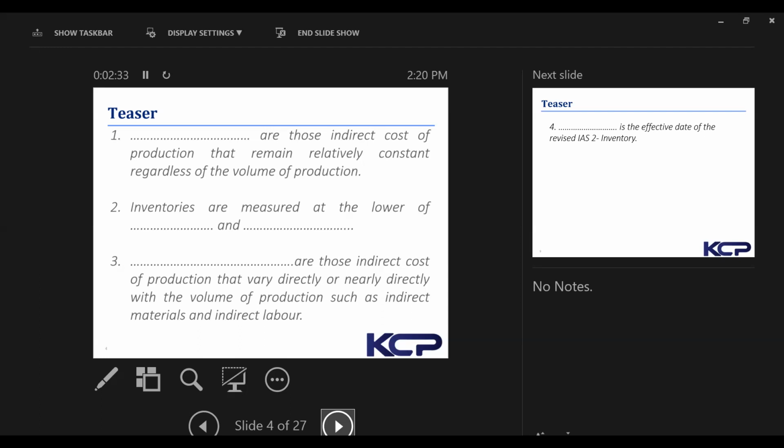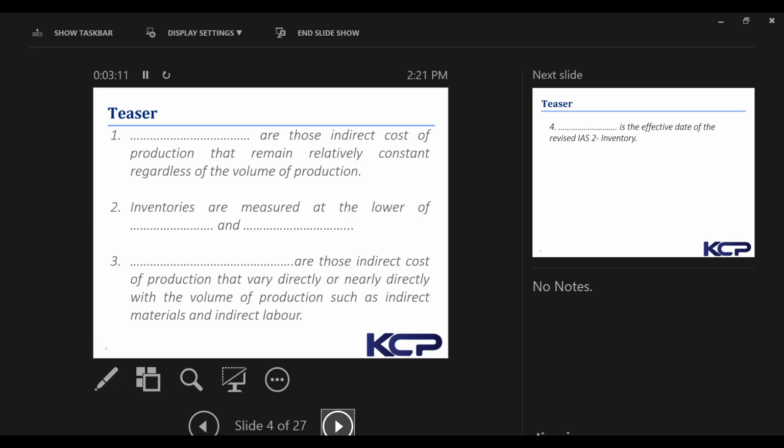Dash are those indirect costs of production that remain relatively constant regardless of the volume of production. Any idea? Yeah, fixed overheads. Fixed overheads. Because I use the word indirect, so that tells you it's an overhead.